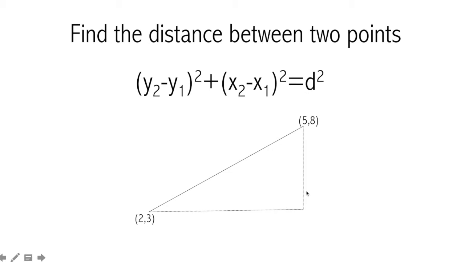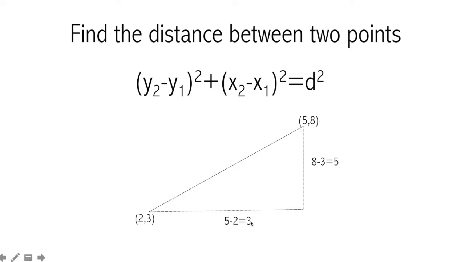This side over here, or the altitude, is nothing but y2 minus y1 in length. In other words, it's 5 units in length, while this is nothing but x2 minus x1 in length. That's 3. Therefore, the distance between these 2 points is nothing but the length of this line.